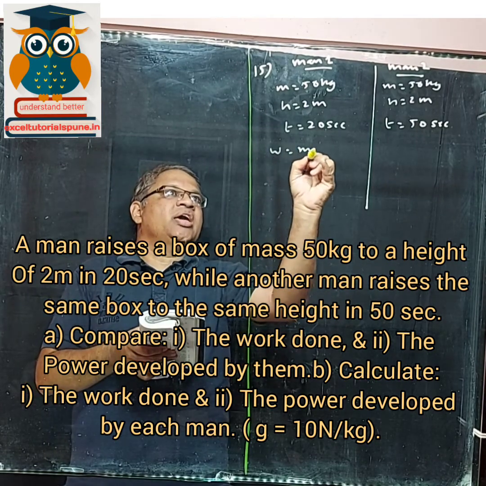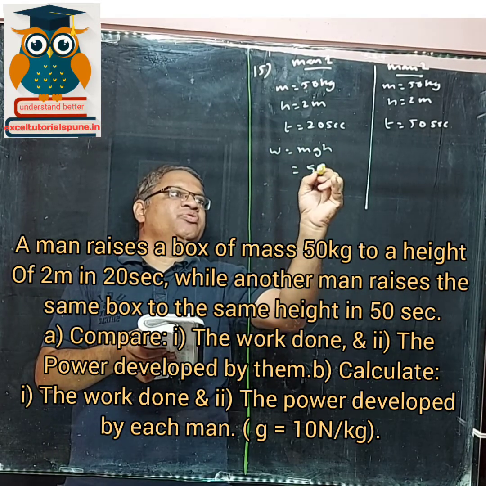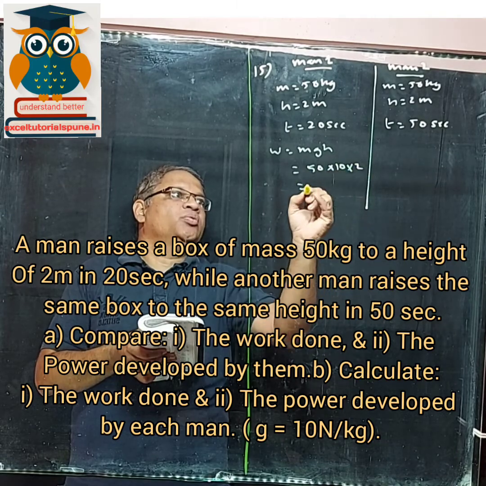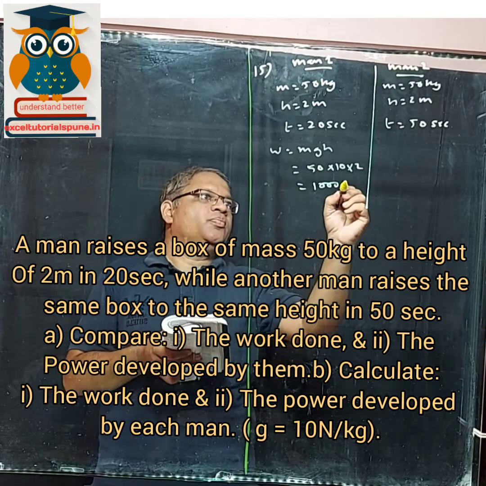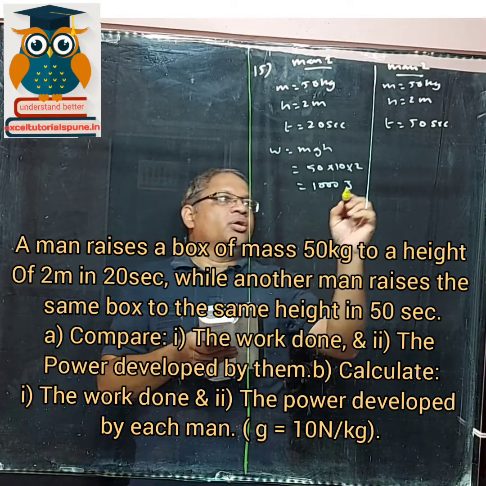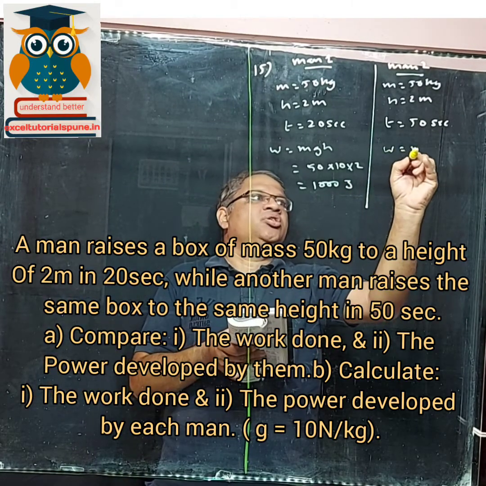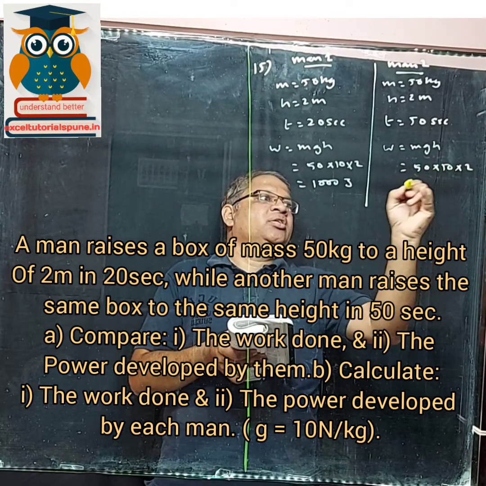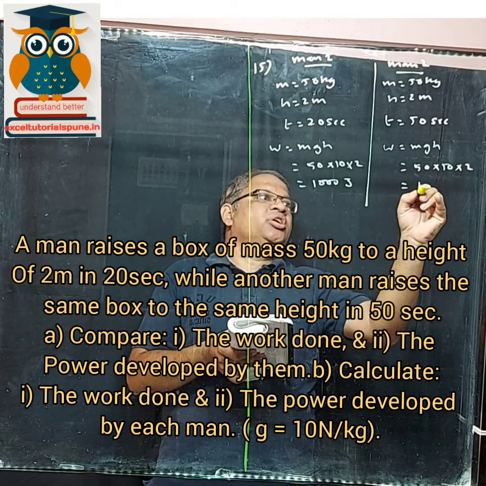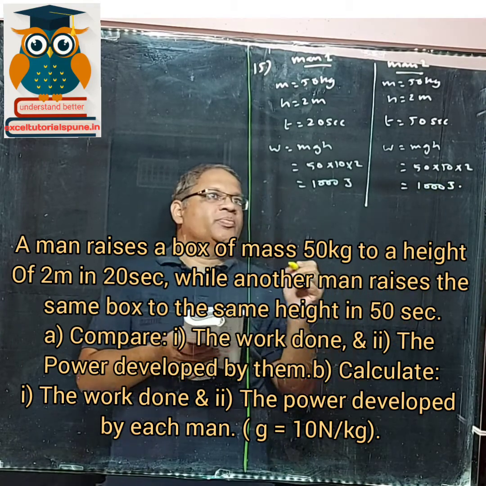So work is mgh, mass is 50, g is 10, height is 2. So it is 1000 joule. And over here work is equal to mgh, mass is 50, g is 10, h is 2. So here also 1000 joules.